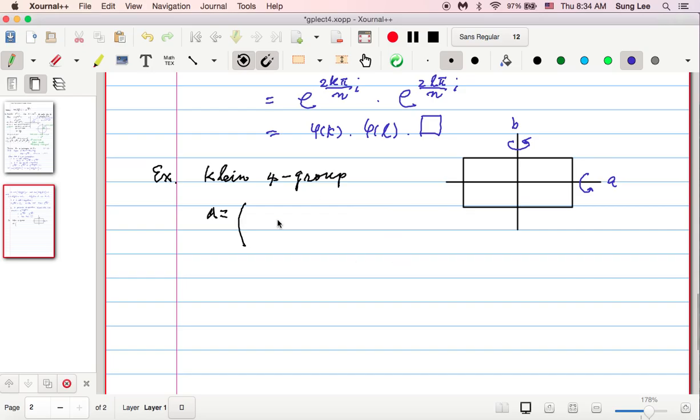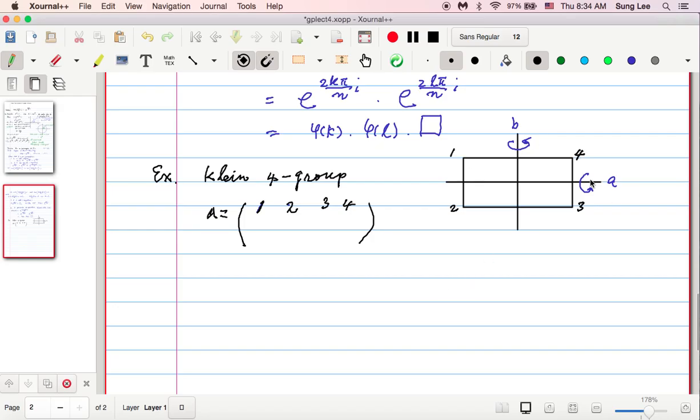Okay, so A in terms of permutation: 1, 2, 3, 4. We talked about it, right? So we're going to label this 1, 2, 3, 4.